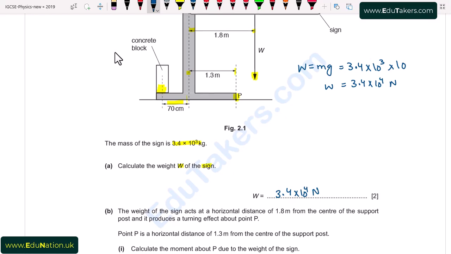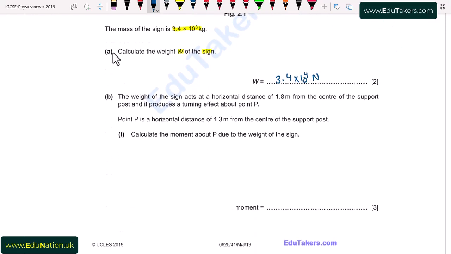Part B. The weight of the sign acts at a horizontal distance of 1.8 meter from the center of the support post and it produces a turning effect about the point P. Point P is a horizontal distance of 1.3 meter from the center of the support post. Part 1.